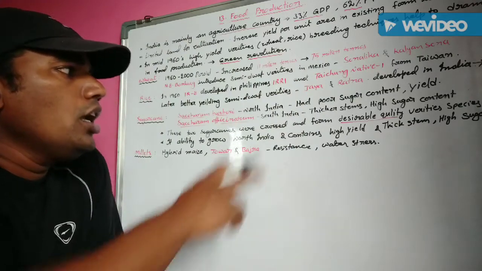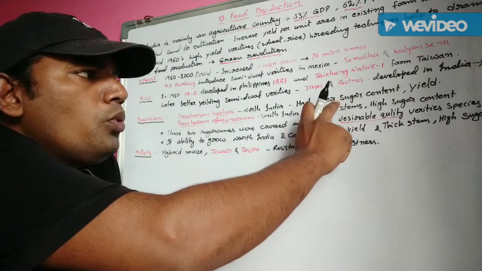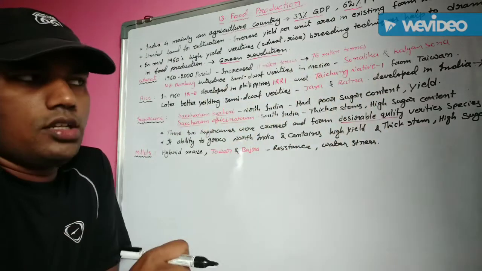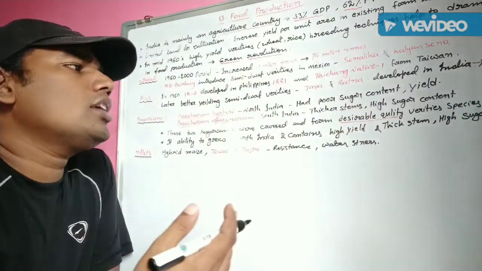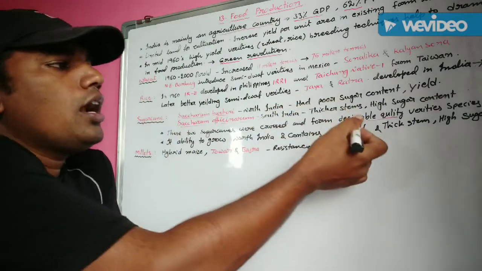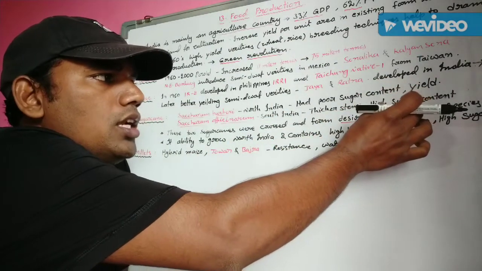Another one: Saccharum barberi has poor sugar content and also poor yield. So high sugar content is one of the desirable qualities.